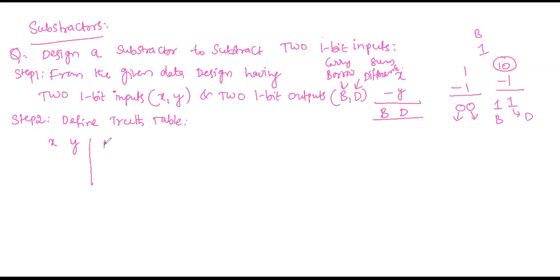X, Y are inputs, B, D are the outputs. Two inputs give 4 combinations: 00, 01, 10, 11. So 0 minus 0, difference is 0, and you are not taking any borrow. 0 minus 1, already explained: borrow is 1, difference is 1. 1 minus 0, difference is 1, no borrow. 1 minus 1, both are 0.